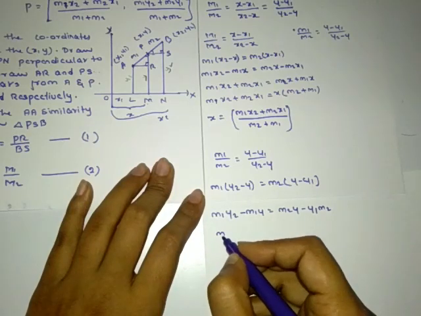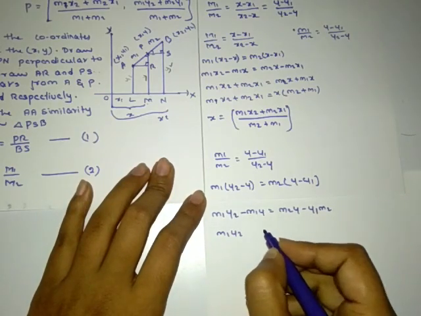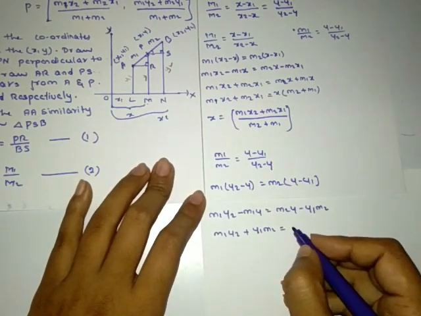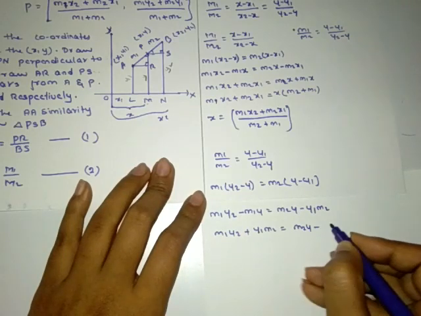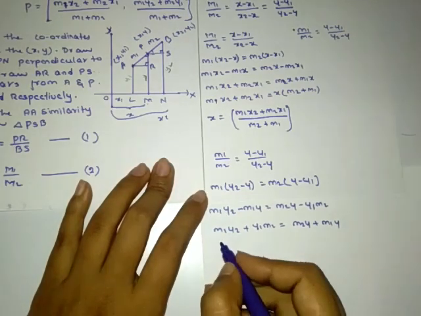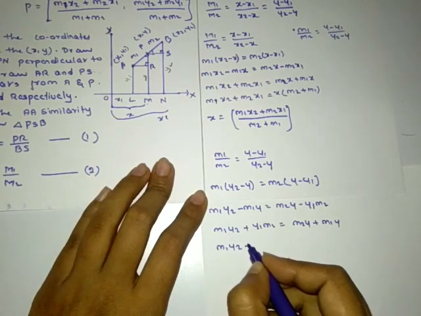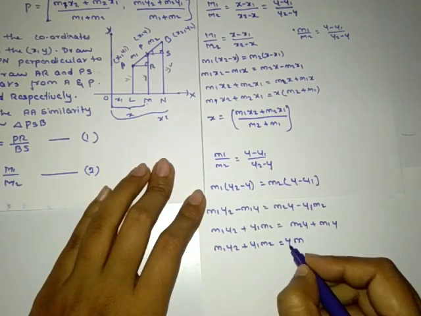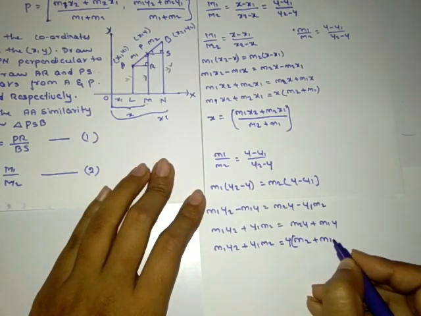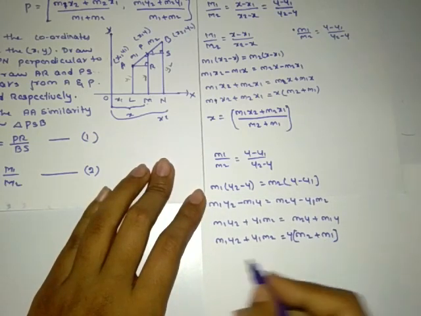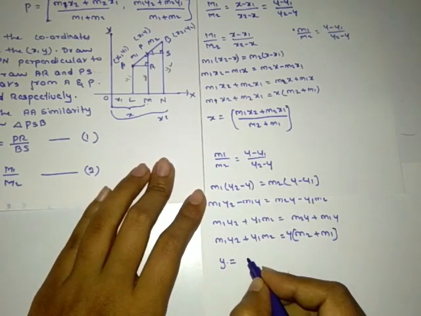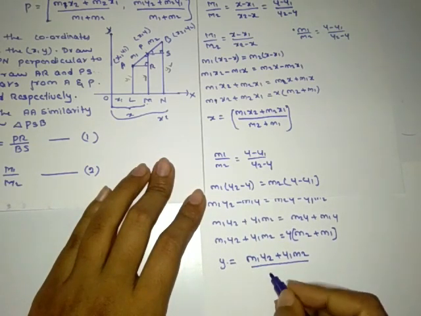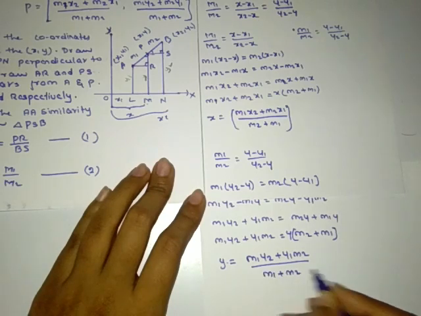Here again we'll take all the like terms to one side: minus y1 into m2 becomes plus now, which is equal to m2y plus m1y. We'll keep m1 y2 plus y1 m2 as it is, equal to y taking common, m2 plus m1, or you can write m1 plus m2 also. Therefore y will be equal to m1 y2 plus y1 m2 divided by m1 plus m2.